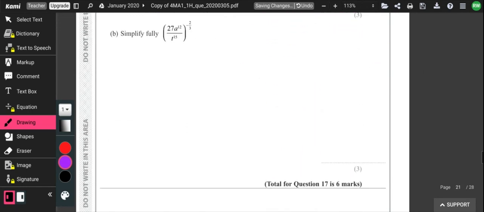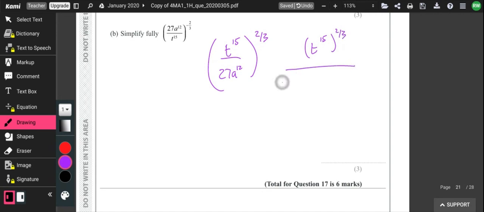Part B, we've got a negative and fractional indices. So let's flip it upside down first to get t to the 15 over 27a to the 12, all to the power of 2/3. So we flipped it upside down to get rid of the negative. And then we're going to do t to the 15 to the 2/3 divided by 27 to the 2/3 multiplied by a to the 12 to the 2/3.